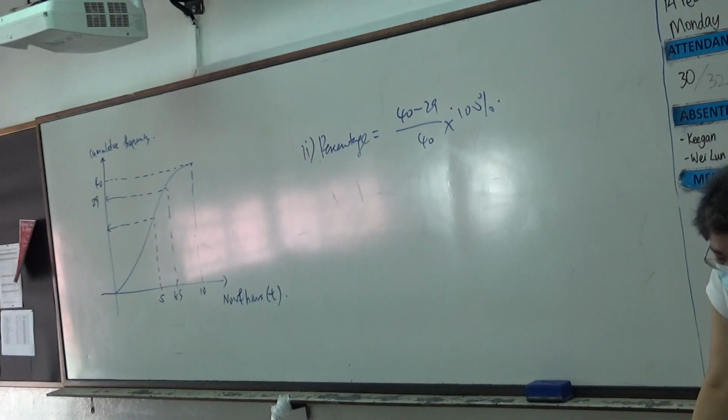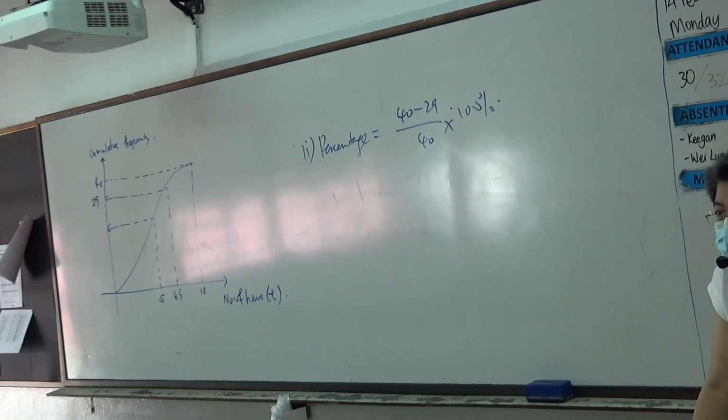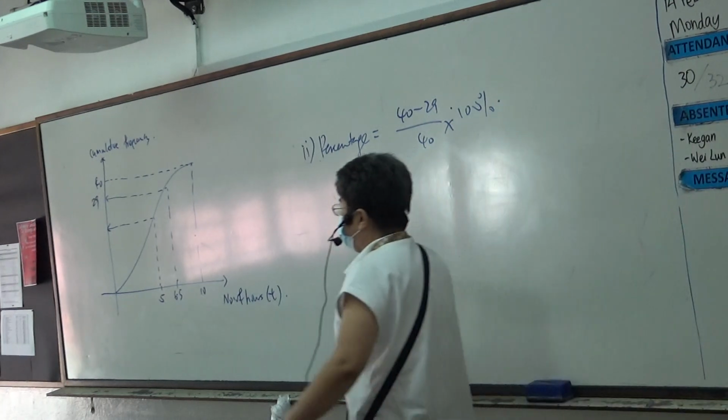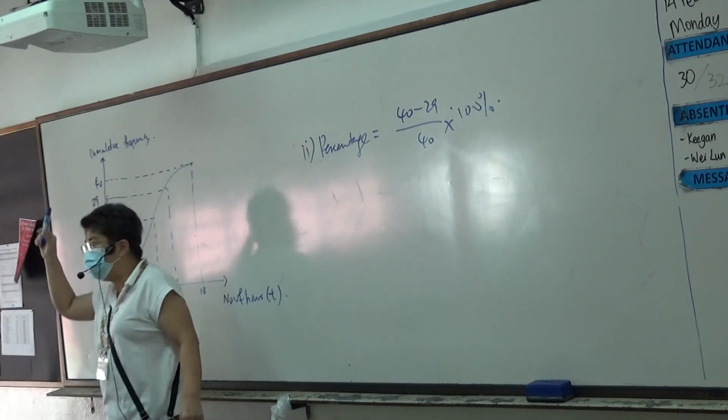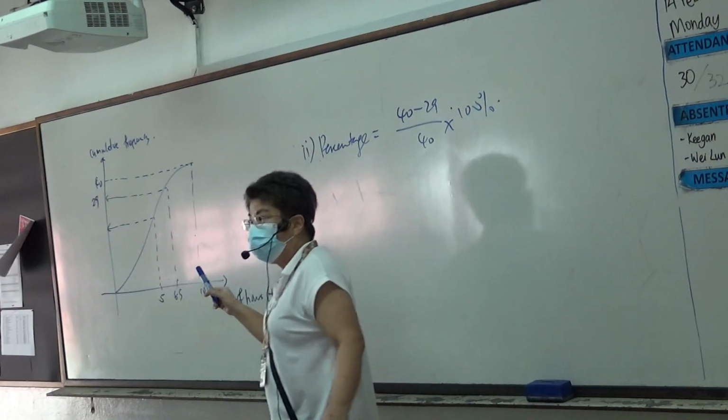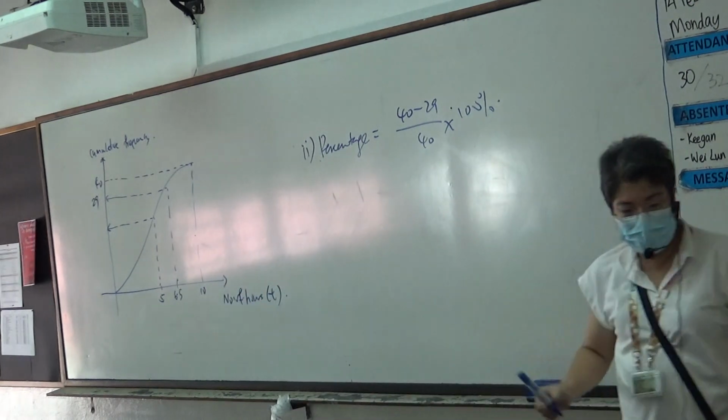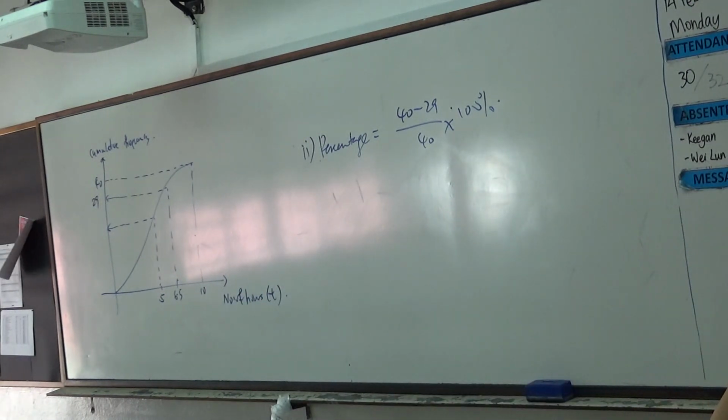Okay, so we will have 11 over 40 times 100%. We will find out the correct answer. Is that clear? So, we must understand whether we are taking this value or we are taking the negation of it, that means the total minus it. Everybody clear? Alright, part 3.